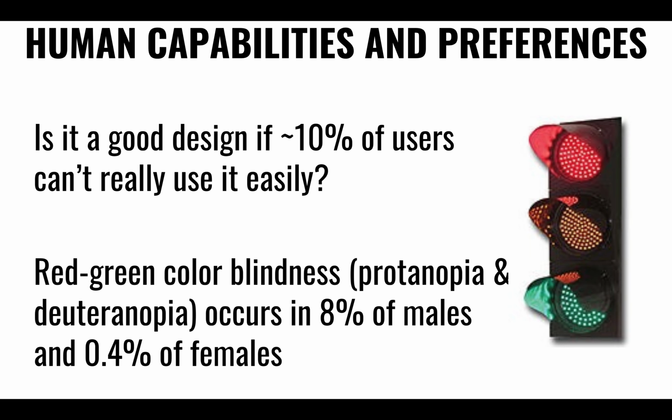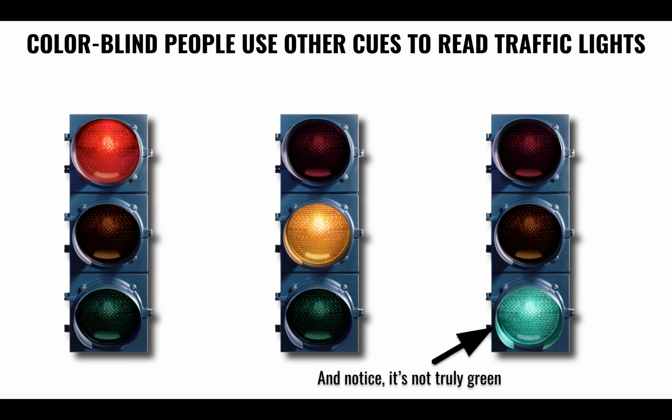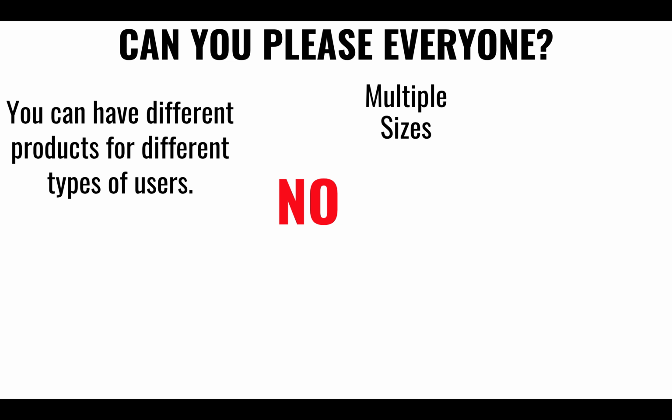Just ignoring some of the audience that relies on these types of interfaces, and these folks might have to find other ways to get a clue and make a distinction between the three different colors, right? They have to make do with the user interface that we have forced on them. Yeah, so you can't please everybody, right? There's no one size fits all. Everybody has different models of what the products might be.